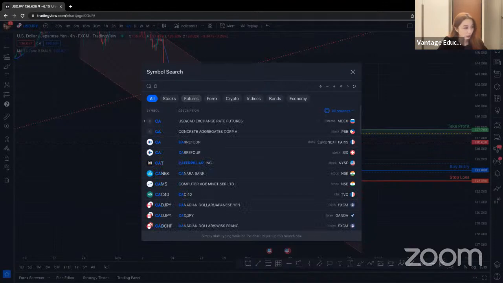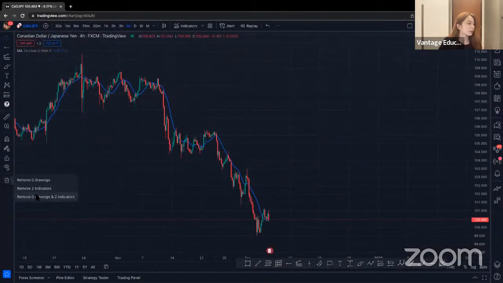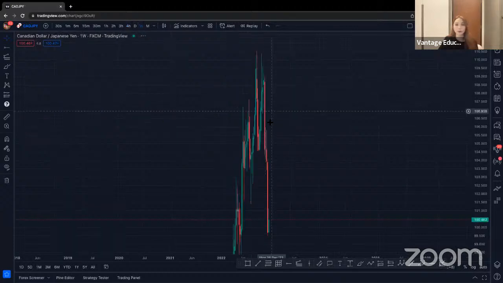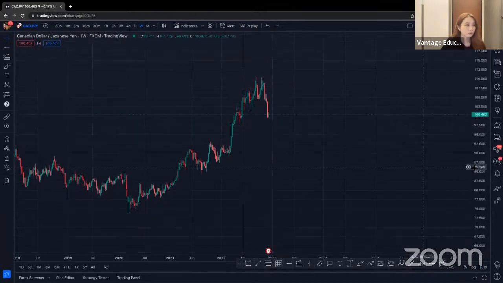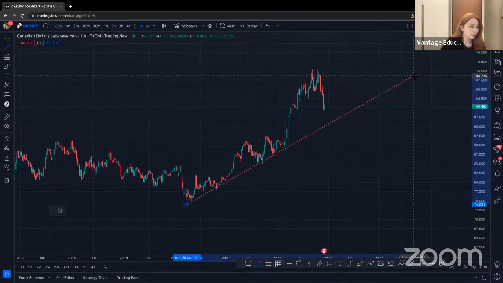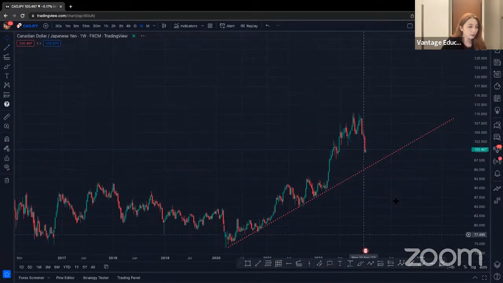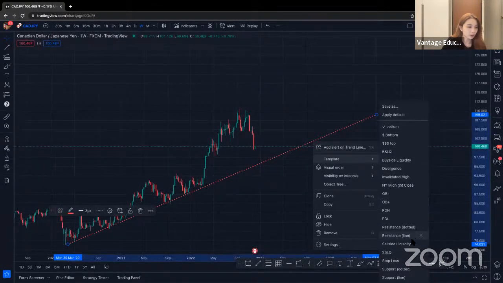Let's do something that I haven't done this week. CAD yen. All right, let's look at the weekly chart. Upward moving as per normal for yen pairs. Okay. And then we have reached a high that is dropping down right now.